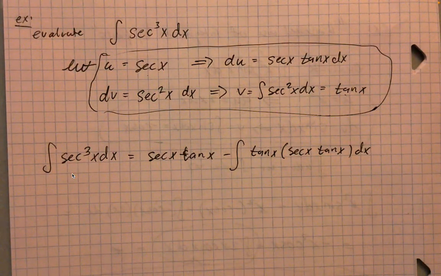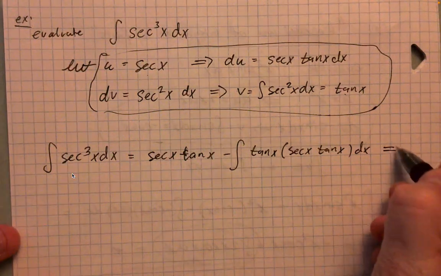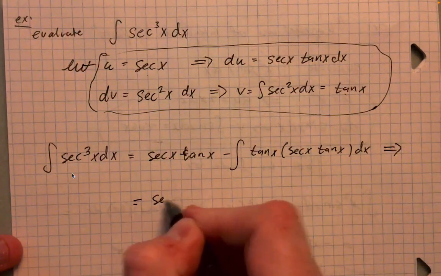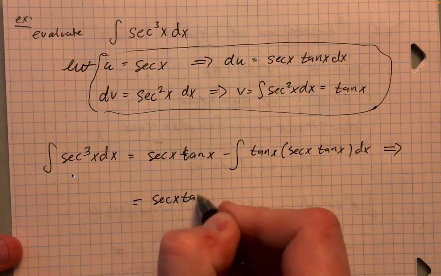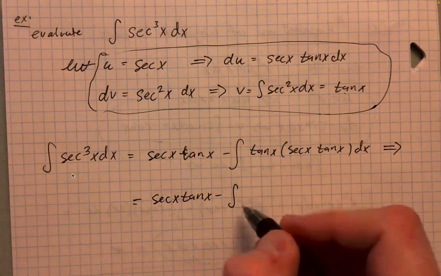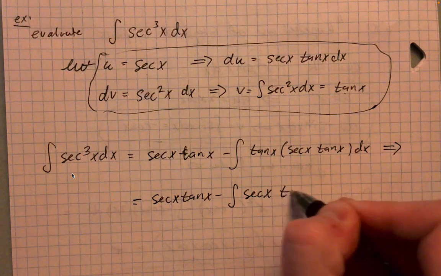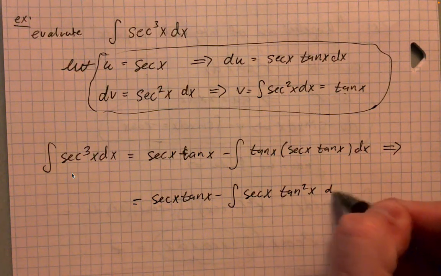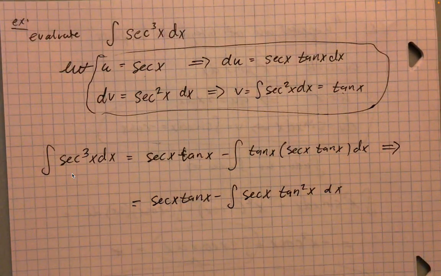Okay. And let's clean this up a little bit. So we get secant x tangent x minus the integral of secant x tan squared x dx. Okay.